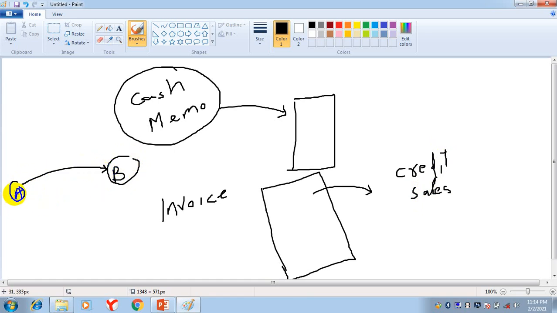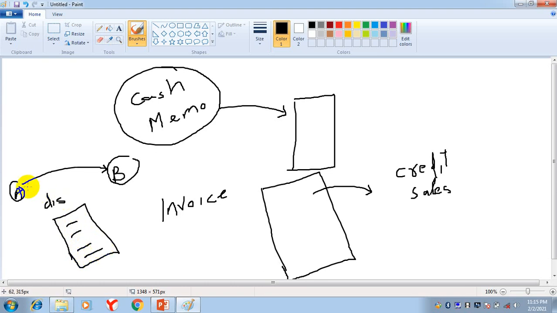So when he sells the goods on credit, when he dispatches the goods, with these goods he will make an invoice. He will send this invoice. Quantity will be mentioned, quality will be mentioned, price will be mentioned, total will be mentioned.